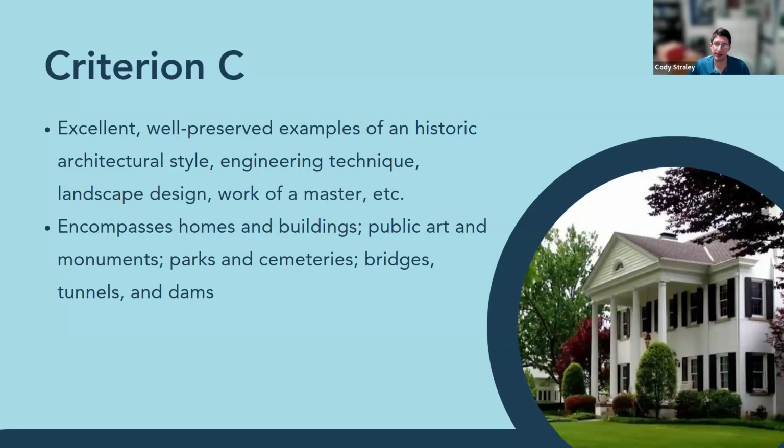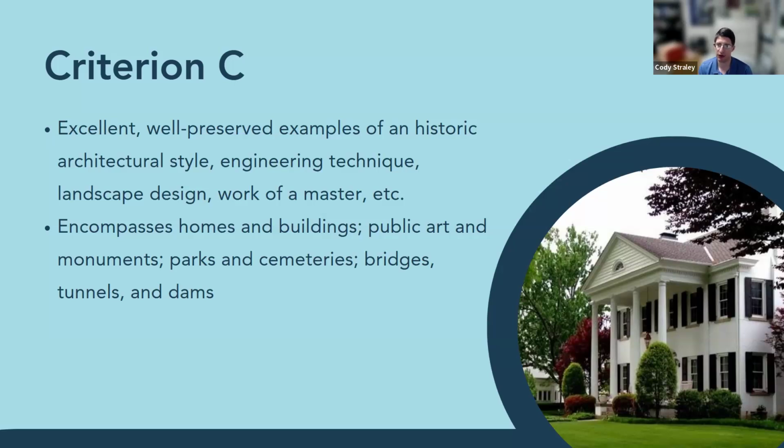And then criterion C is for properties that are connected to an important historic architectural style, a landscaping design, engineering technique, or a work of art. And this is a pretty broad category too. We use this for lots of properties that have good architectural design or artistic merit to them.